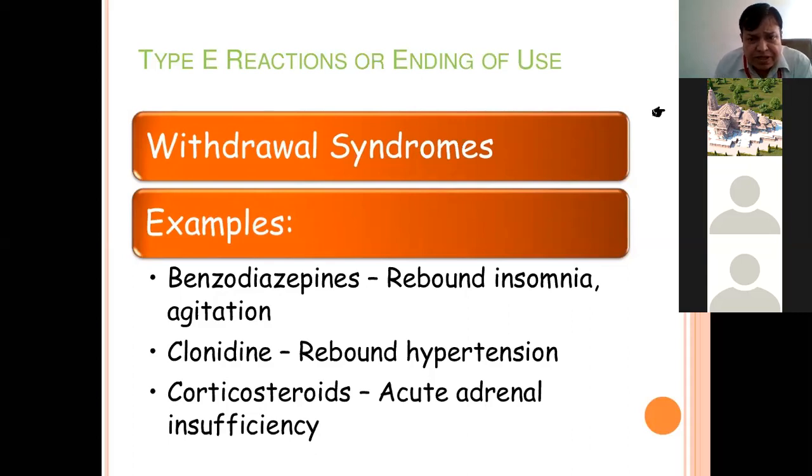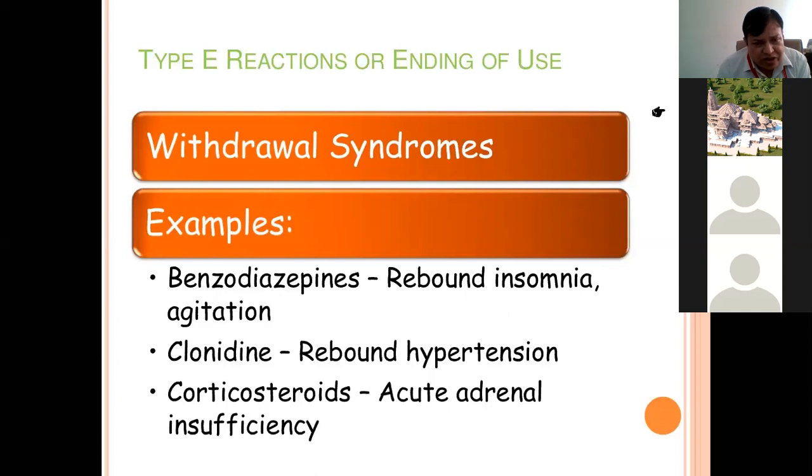So benzodiazepine, it withdrawal of benzodiazepine use, it induce insomnia. This means you don't get sleep without the medicine. Clonidine, it rebound hypertension. Clonidine is a good antihypertensive drug.